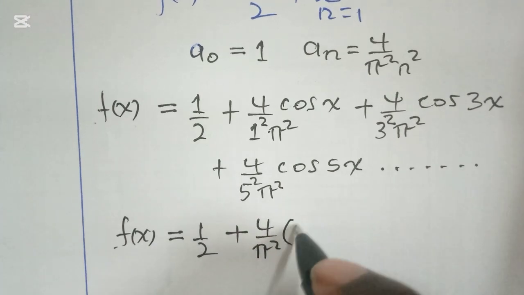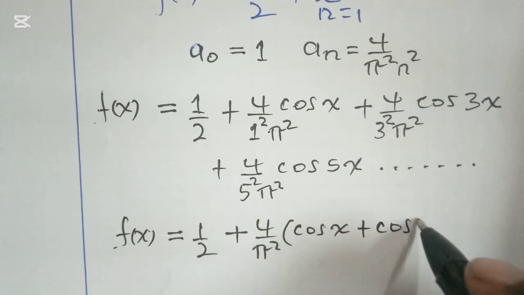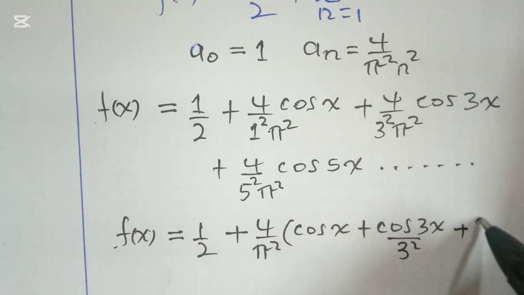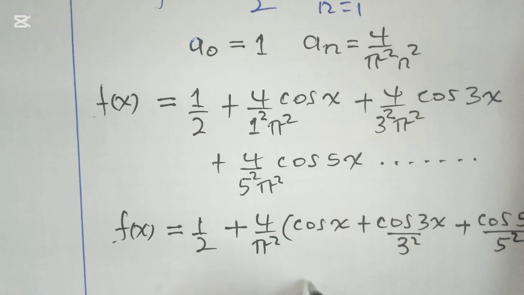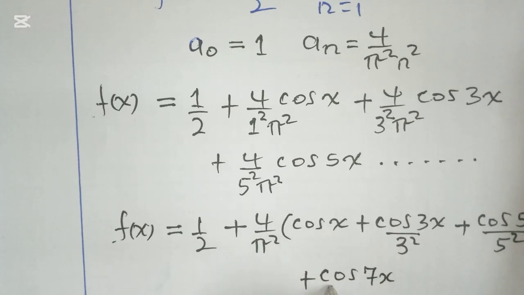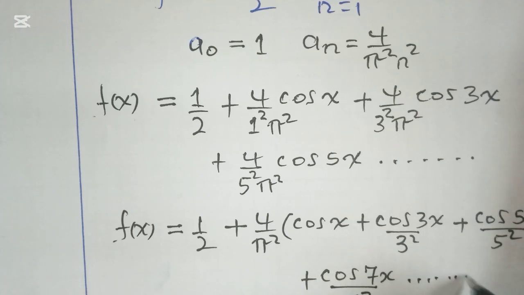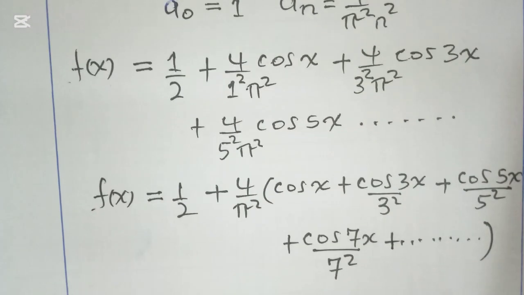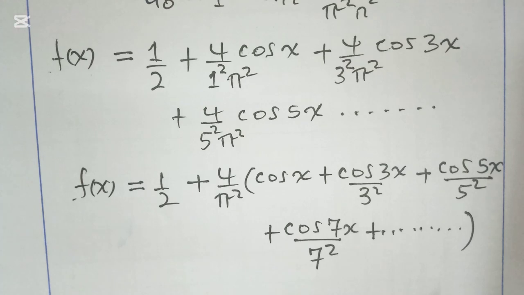Then you'll be left with cos x plus cos 3x all over 3 squared plus cos 5x all over 5 squared plus cos 7x all over 7 squared, all the odd numbers, and so on. So guys, this is our series. Thank you for listening to me. Bye bye.